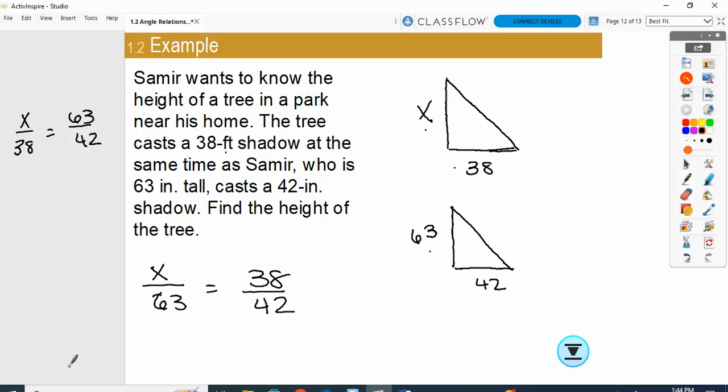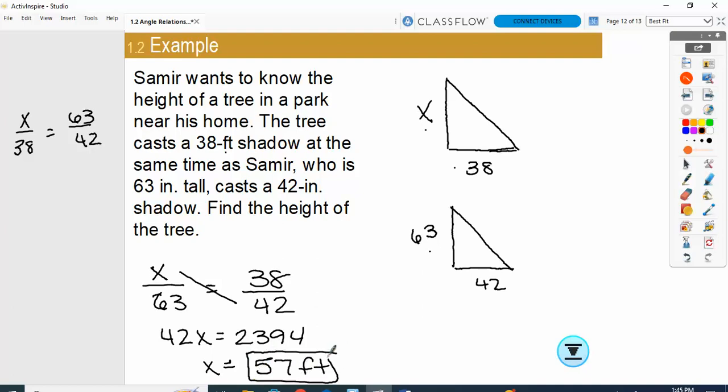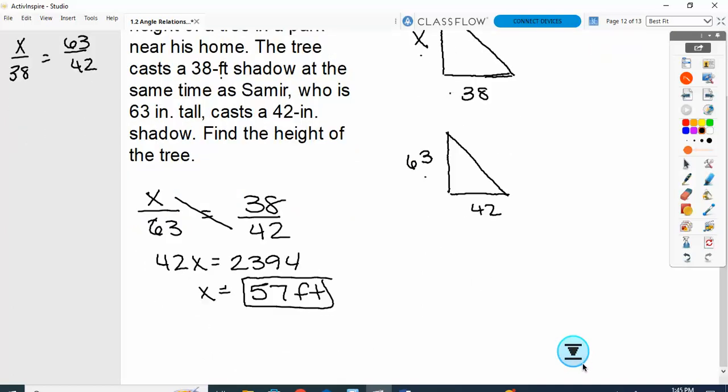As long as they're corresponding pieces, that's fine. So you get 42x equals, so we get the tree is 57 feet tall.